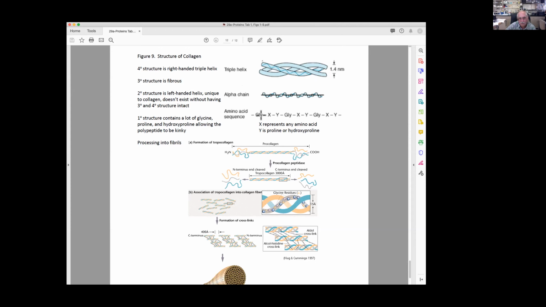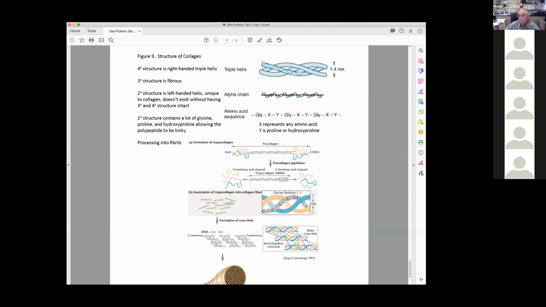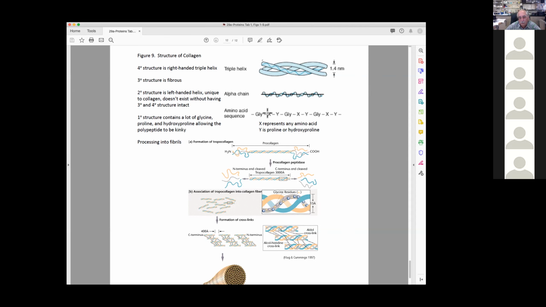What's unique about glycine is its R group is simply the hydrogen. And the hydrogen takes up almost no space. So to turn this thing into a kink when there's a bunch of hydrogens there is not a problem. And what about proline?